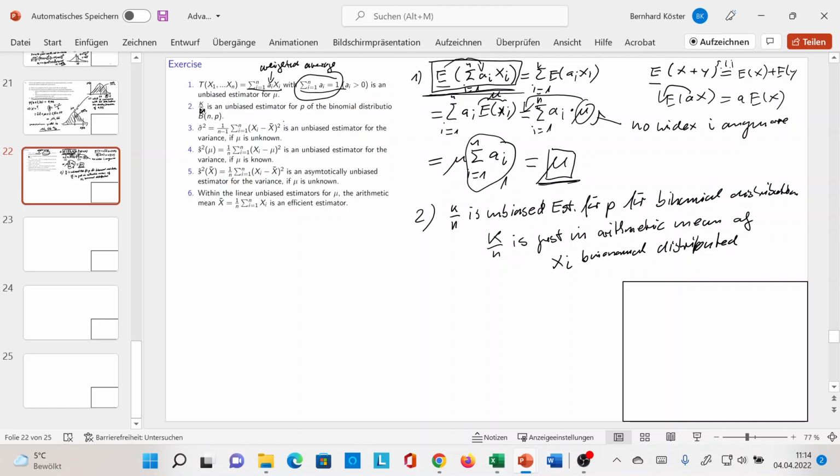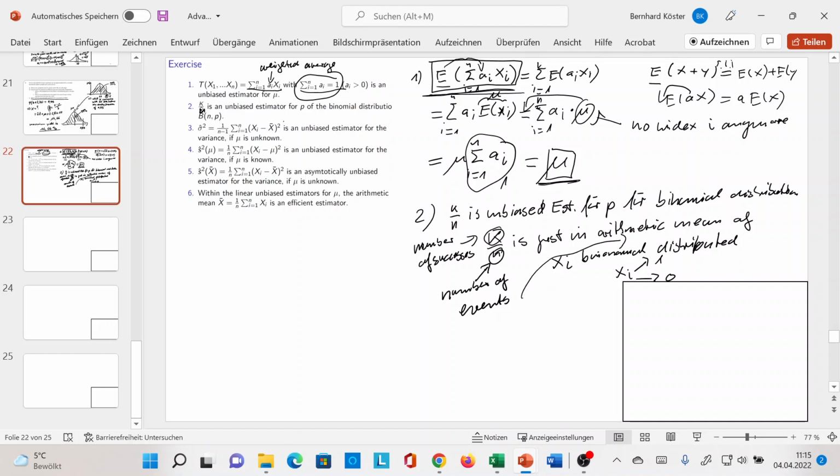Because this means we have a Bernoulli experiment and x_i is just 1 for success and just 0 for no success. And if we just sum up 0 plus 0 plus 1 plus 1 plus 0 plus 0, then of course, taking the number of successes over the number of events, this is just the arithmetic mean.